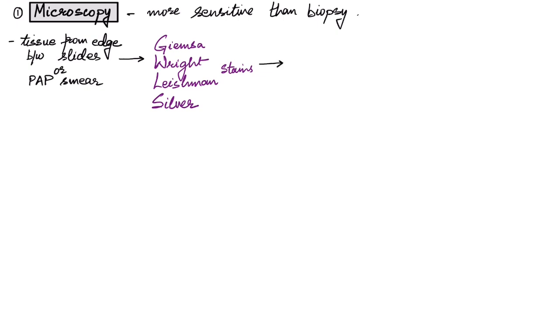Then we watch it under the microscope. What do we see? We see Donovan bodies in cells of Greenblatt, or we can also call it cells of Pund.